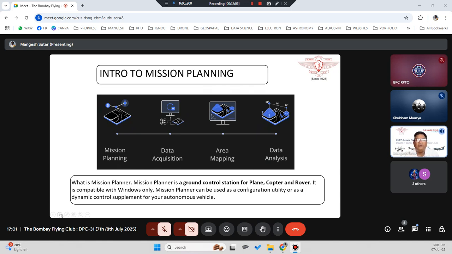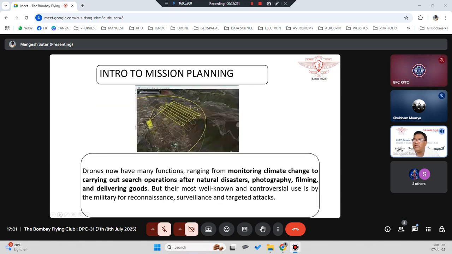So normally when you are doing such a mission, you have to have a ground control station. You can use Mission Planner software, which is available for the Windows platform. Mission Planner can be used as a configuration utility or as a dynamic control supplement for your autonomous vehicle. That means you can define how the drone has to be flown here. You can start from here, take off, and it will have a uniform pattern of flying.